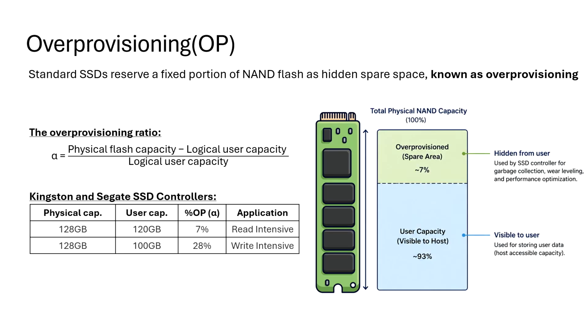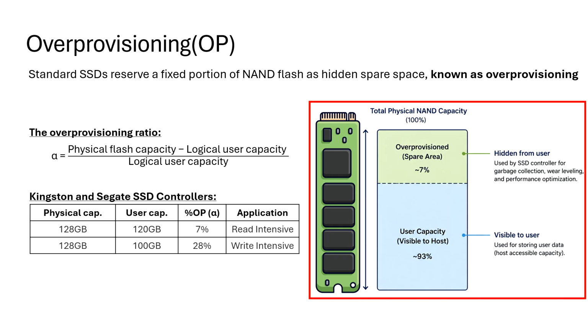So let's start with a use case. I want to talk a little bit about the over provisioning factor that is used in commodity SSDs. In standard SSDs, the vendor reserves some fixed portion of the NAND flash as a hidden space, or a spare space, that is called over provisioning.